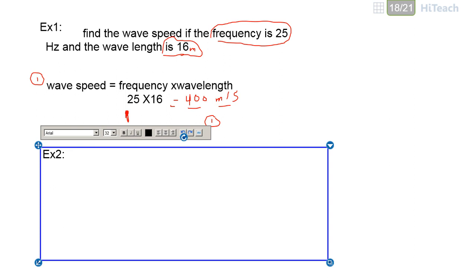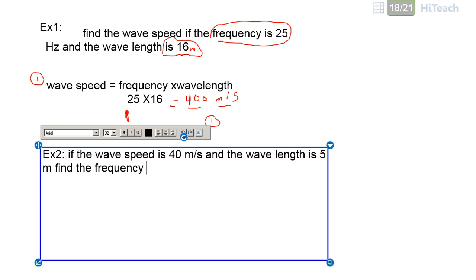Example number 2: if the wave speed is 40 meter per second and the wavelength is 5 meter, find the frequency.